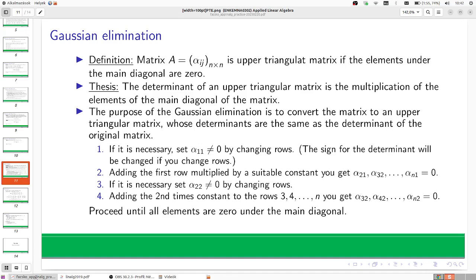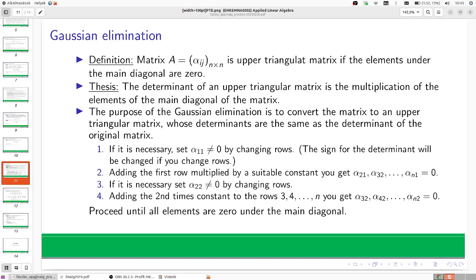So I change the rows. Then the determinant sign changes. Okay, now I can start the Gauss elimination.